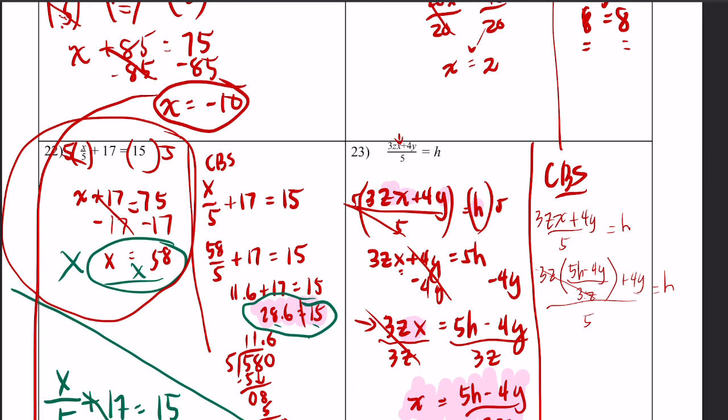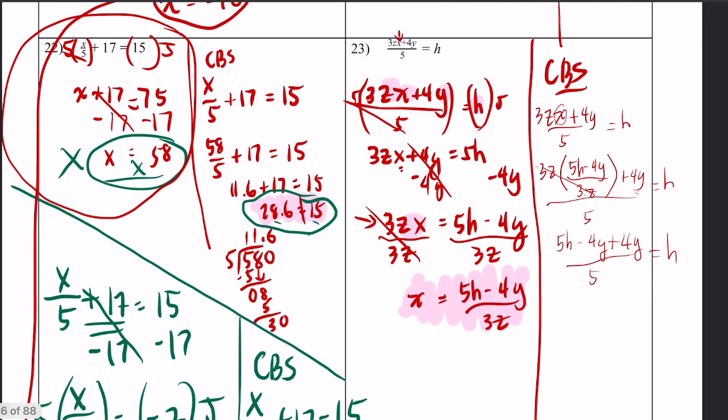Okay? No need to do it with this one because this is a pair. Remember, we just substituted x. So now you have 5h minus 4y plus 4y over 5 equals h. So now let's put like terms together. Minus 4y plus 4y is 0. See?